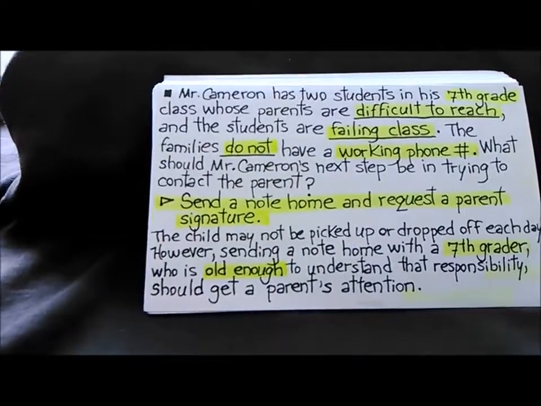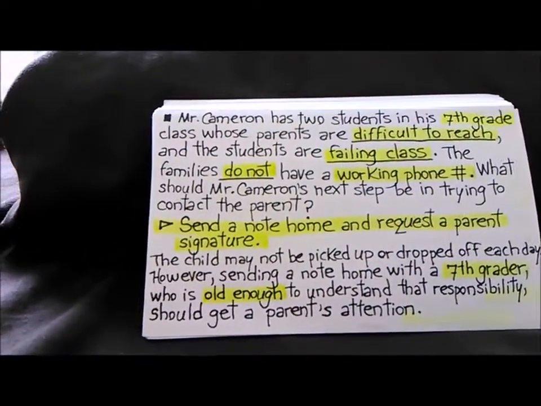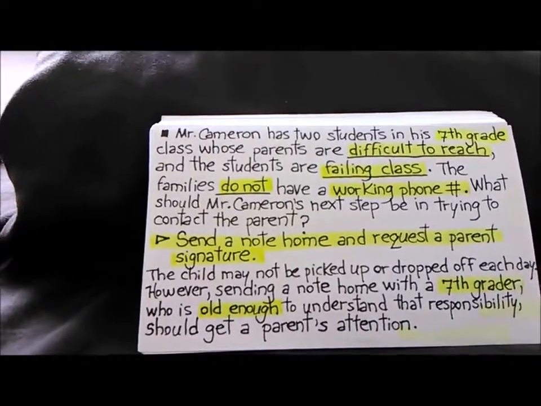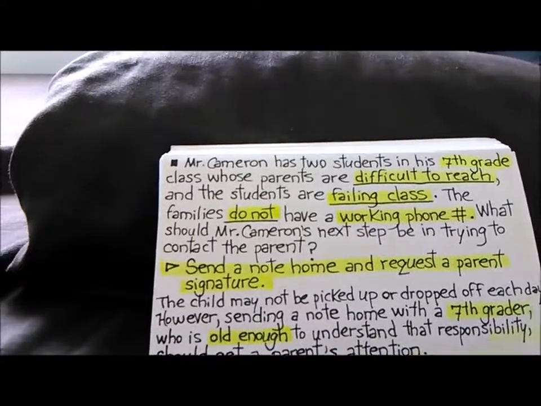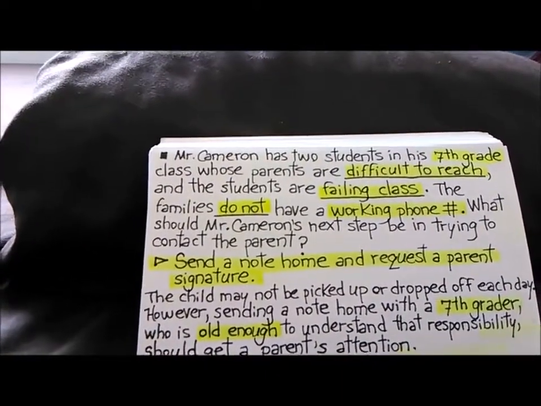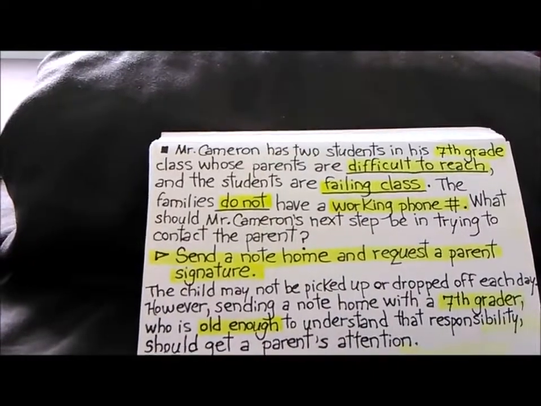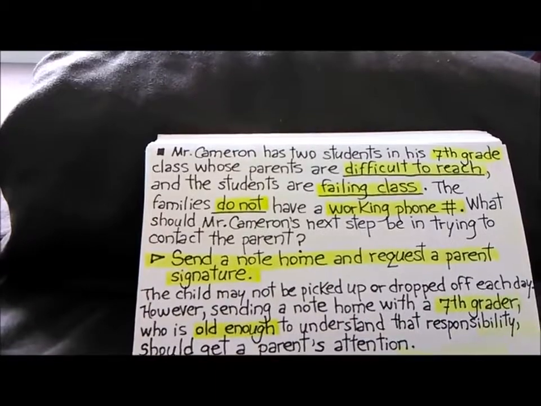Mr. Cameron has two students in his 7th grade class whose parents are difficult to reach, and the students are failing class. The families do not have a working phone. What should Mr. Cameron's next step be in trying to contact the parent?